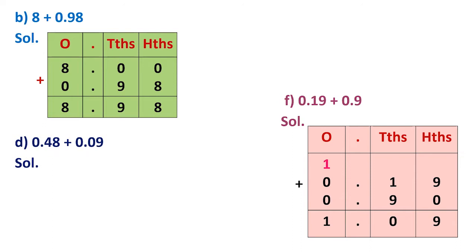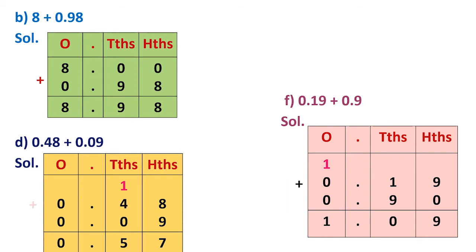Next is 0.48 plus 0.09. Let us see how to add this. Here we have only one place to the left of the decimal, so that is only the ones place. So we have written ones here, then the decimal point, then tenths, and then hundredths.